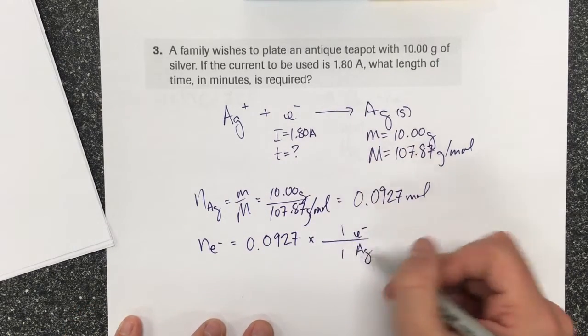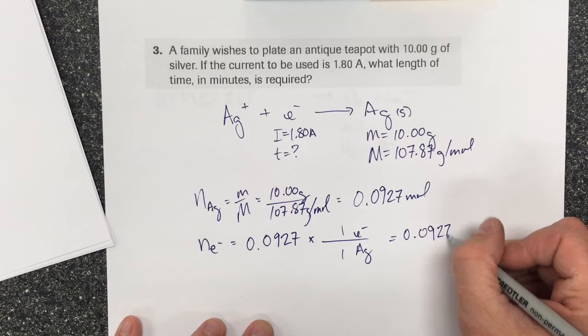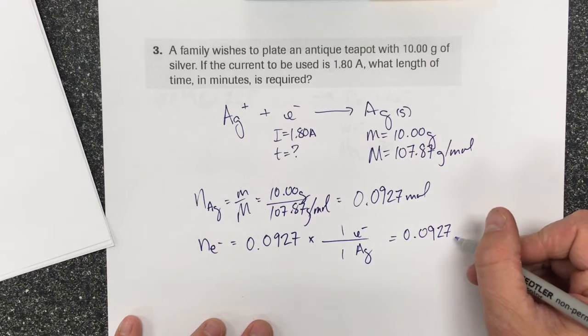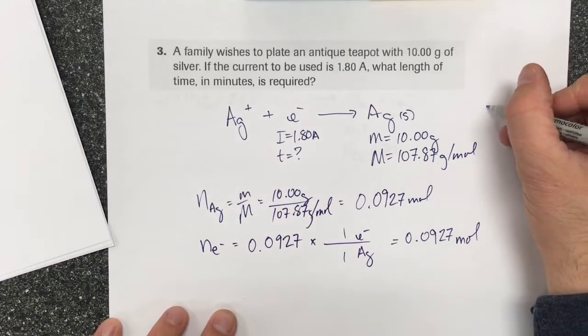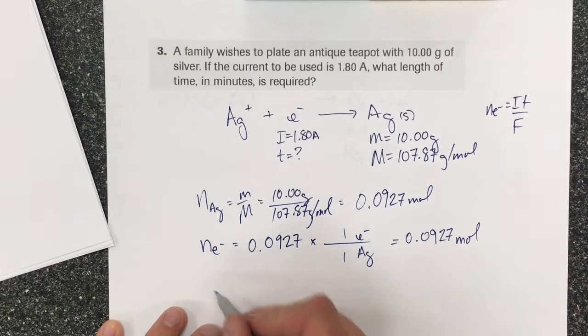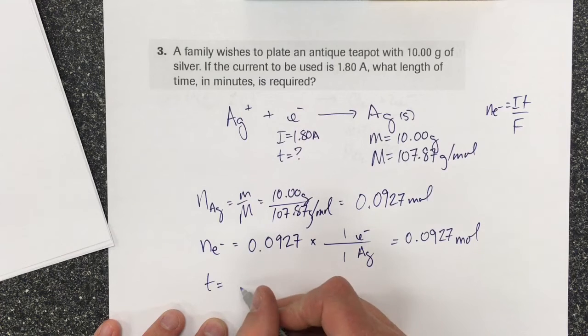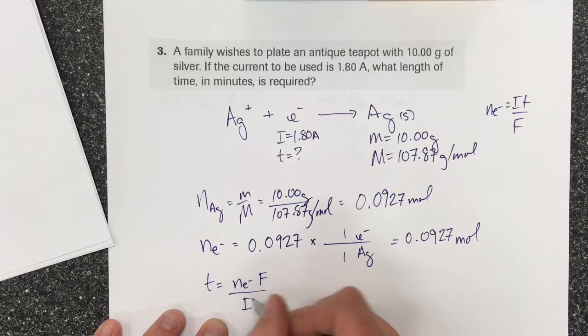It's a 1-to-1 ratio in this case, so it's going to be the same amount of moles of electrons. But now I'm going to use the number of moles of electrons equals current times time over Faraday's constant to find time. So time equals the number of moles of electrons times Faraday's constant divided by the current.